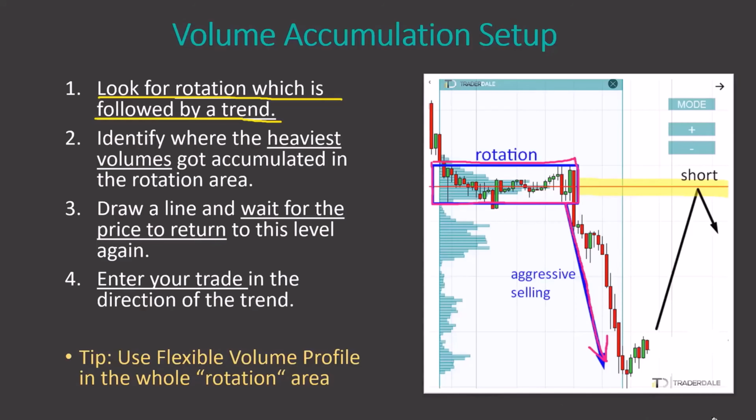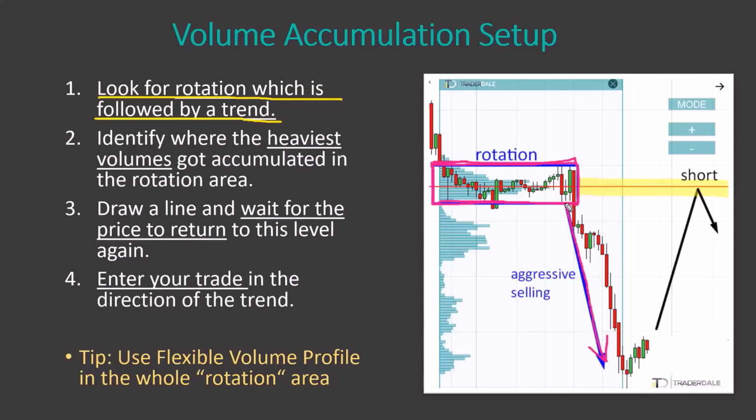Now, if you look at this picture, then this gives us very useful information which we can use in our trading. We know that in this rotation, big trading institutions, the big guys, were entering their positions, right? We see that on the volume profile. You can see that there were massive volumes there. You see that the volume profile is very wide there, right?